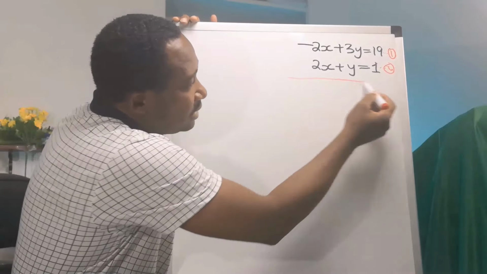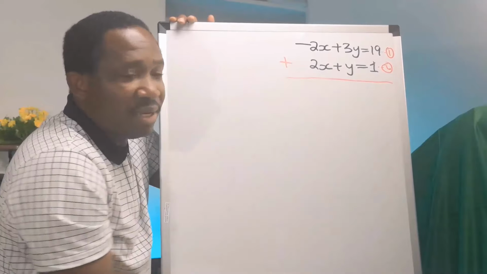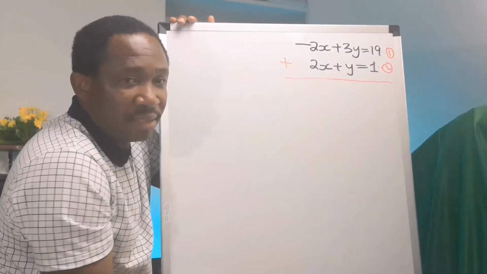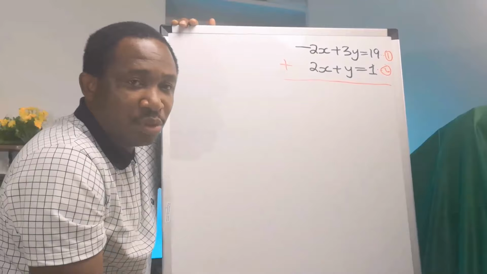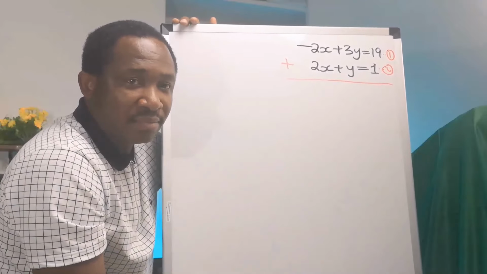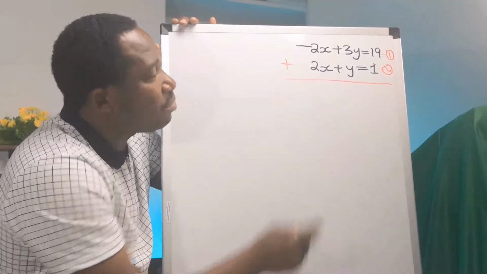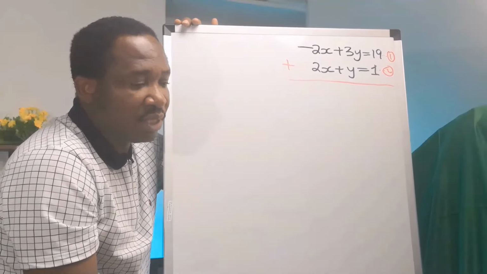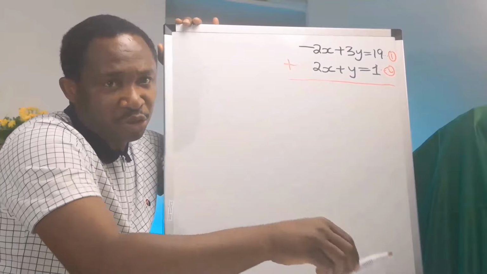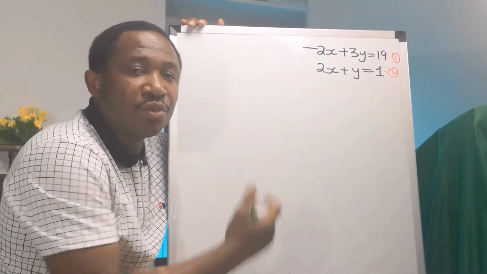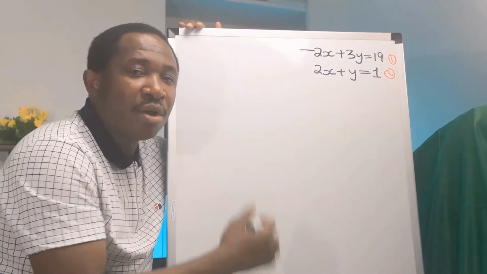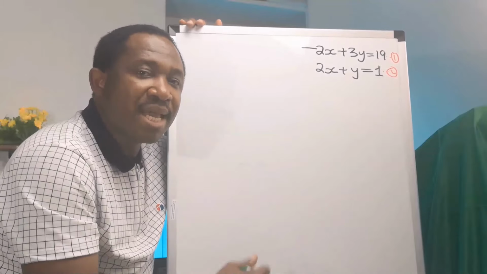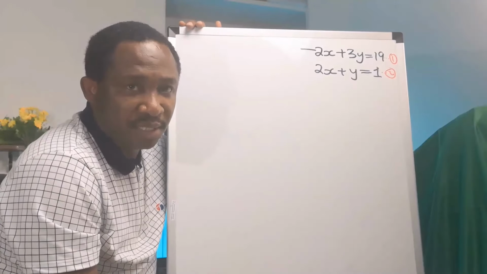We can add these two and eliminate x and get y, and later substitute for y. However, the aim of this video is to use substitution method. Hence, I will use substitution method. Choose from equation 1 or equation 2 and make x or y the subject.